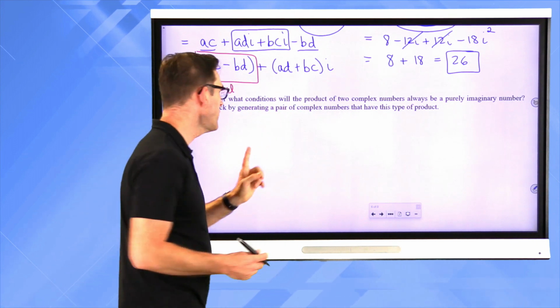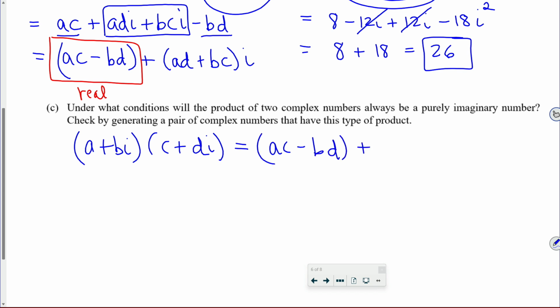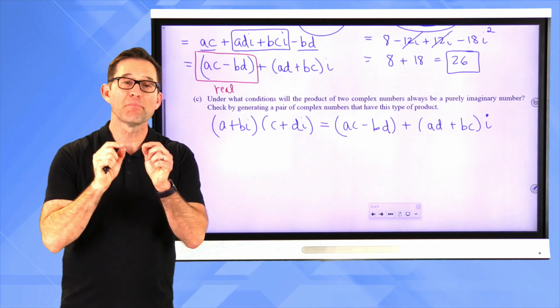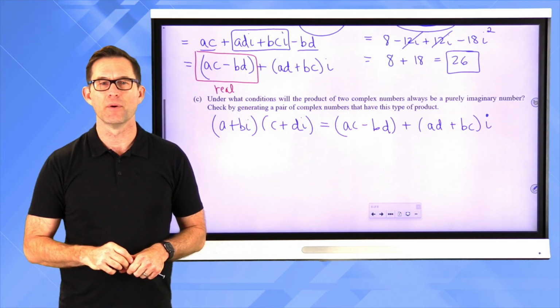We know right now that a plus bi times c plus di is equal to a times c minus b times d, that real component, plus a times d plus b times c times i. So how will this ever be completely imaginary? Pause the video now and think about that for a moment.